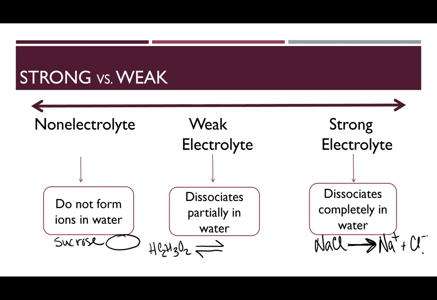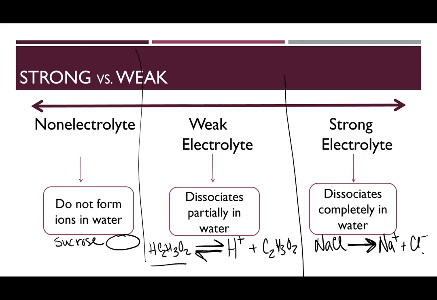Acetic acid is an example of a weak electrolyte, also a weak acid. So when it dissociates, some of it breaks apart into hydrogen ions and acetate ions, but some of it stays together as this molecule. So we're going to see this two-sided arrow, this dynamic equilibrium that forms, and we'll get to use our equilibrium skills again. Okay, so just something to think about.